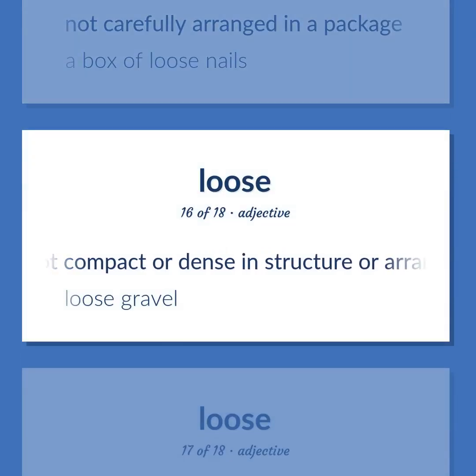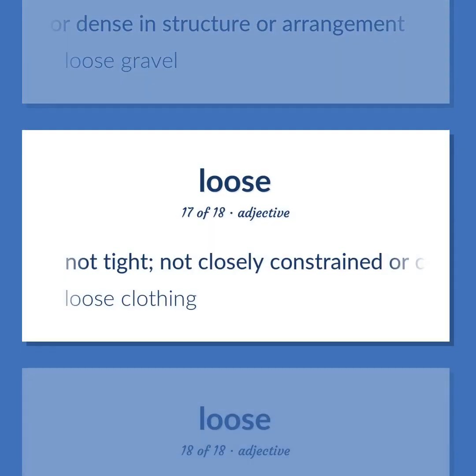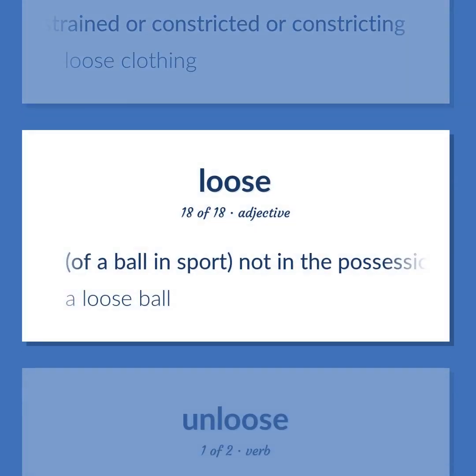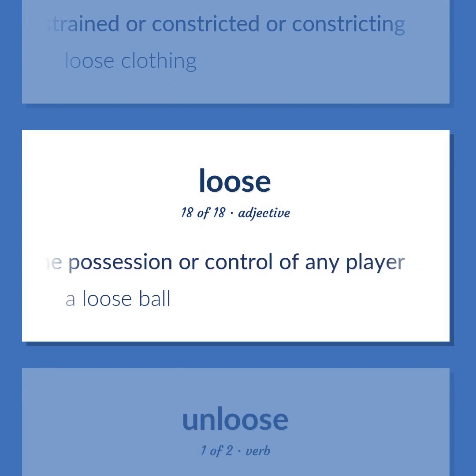Not compact or dense in structure or arrangement. Loose gravel. Not tight, not closely constrained or constricted or constricting. Loose clothing. Of a ball in sport, not in the possession or control of any player. A loose ball.